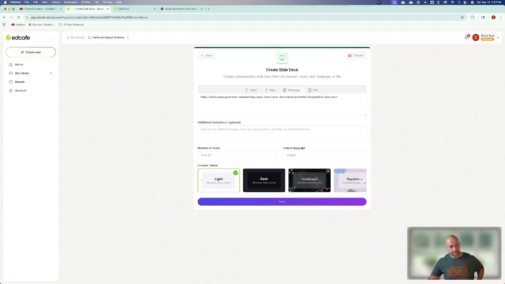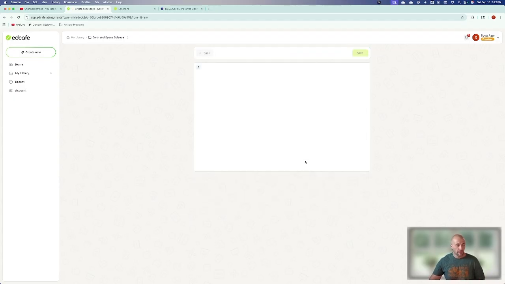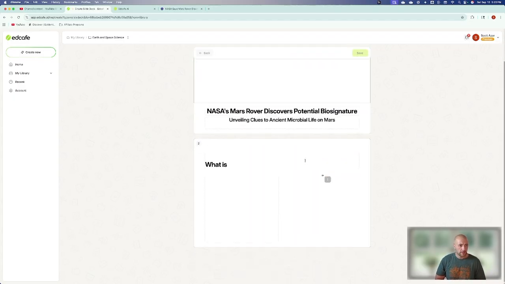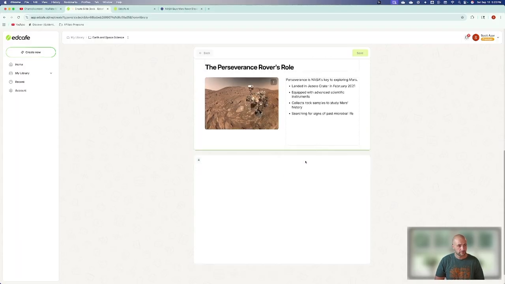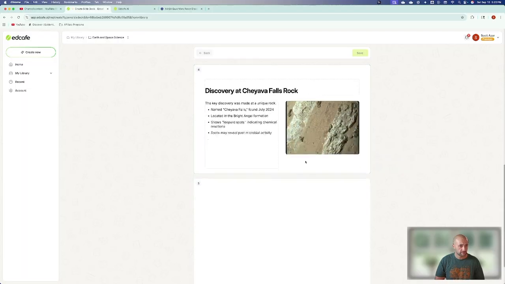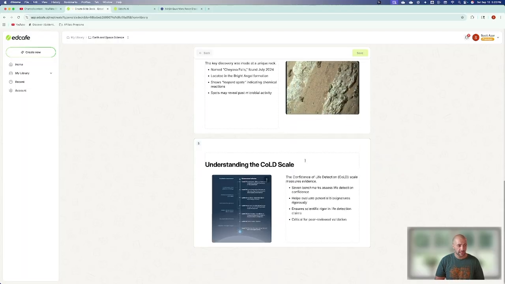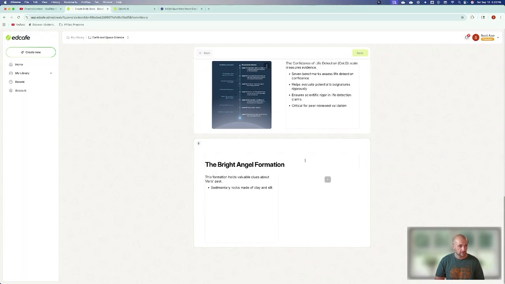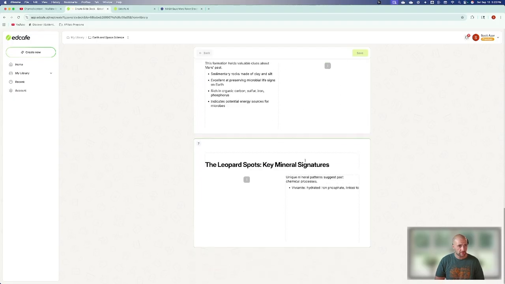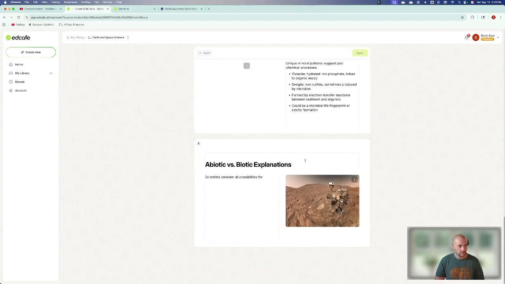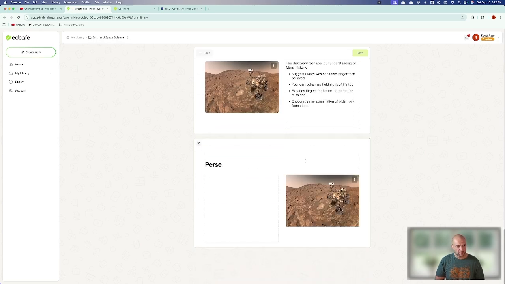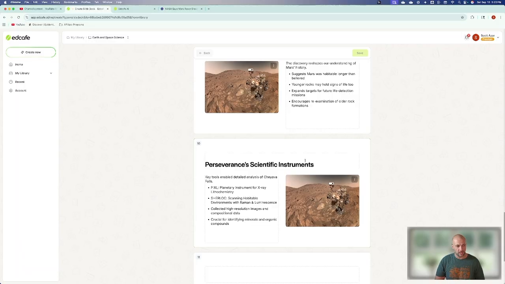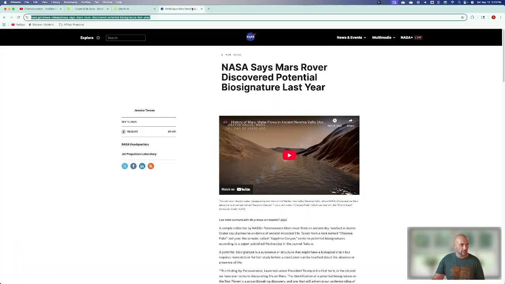Generate. That's the correct picture. It's probably having a hard time because it's looking for a lot of pictures in there. So what I'm taking out of this, let's just go look at this while it's doing it.